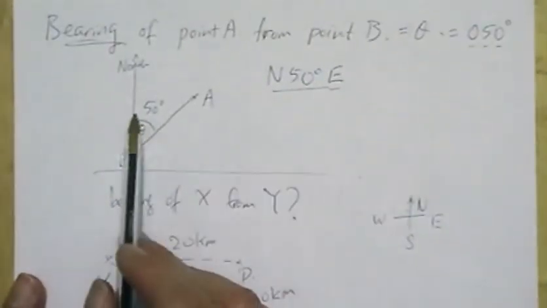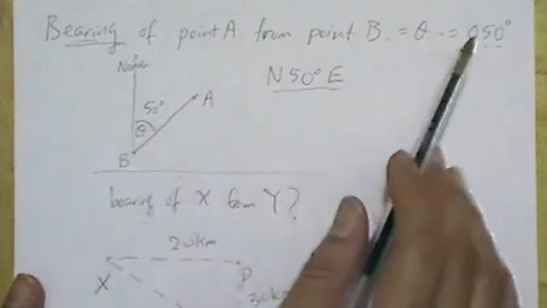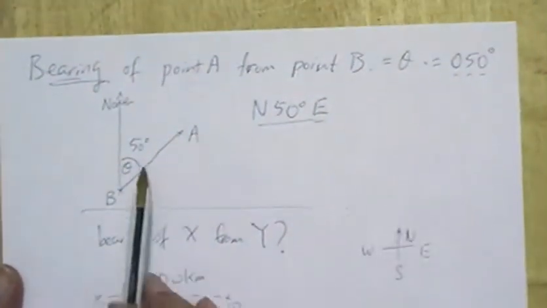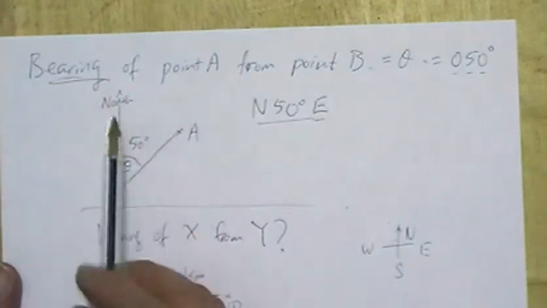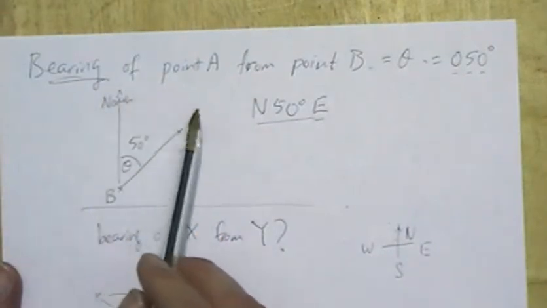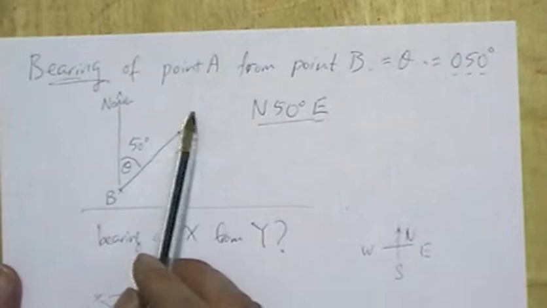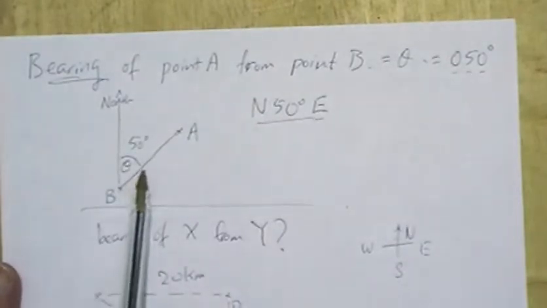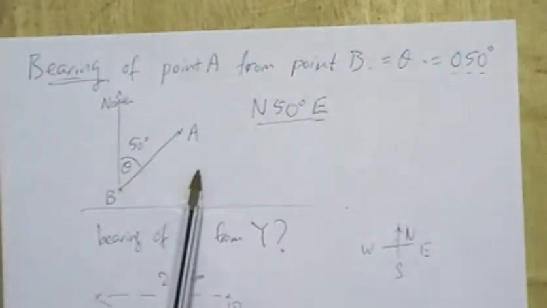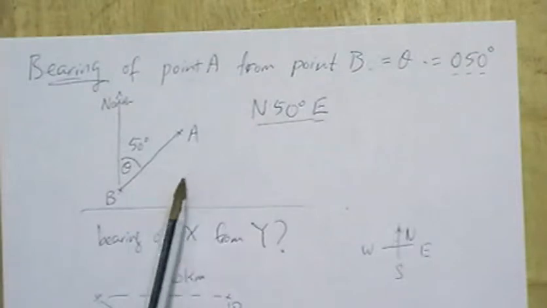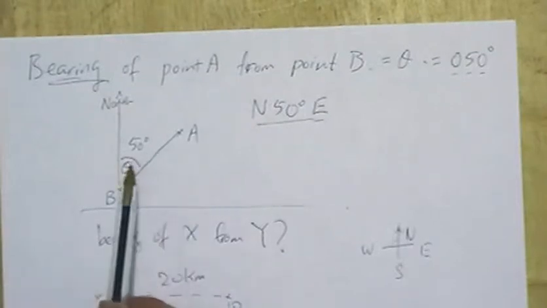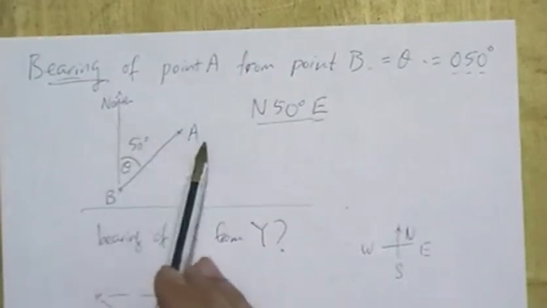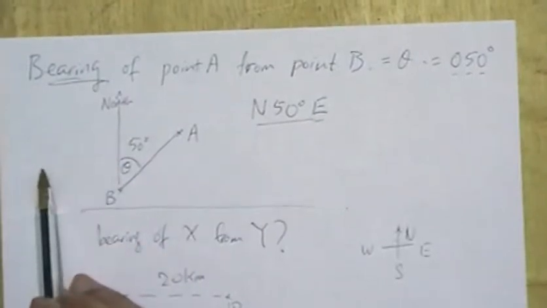But when we talk about bearing, if we say that the bearing is 050 degrees, we always mean in the clockwise direction. Otherwise, if we don't remember that, then if I just say 50 degrees, it could mean to the right or to the left.